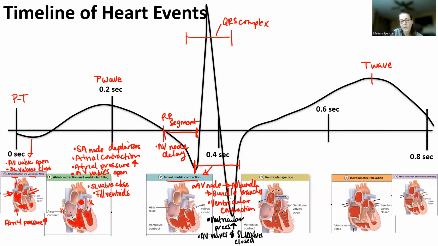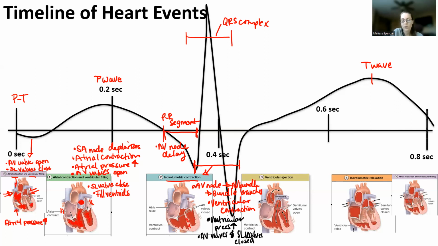Okay, why are the semilunar valves closed? The semilunar valves are closed because you actually still have a high amount of blood in the arteries all the time. And remember, arterial pressure, or pressure in the arteries, is always higher than in the heart. So those valves usually have to be closed most of the time, okay?